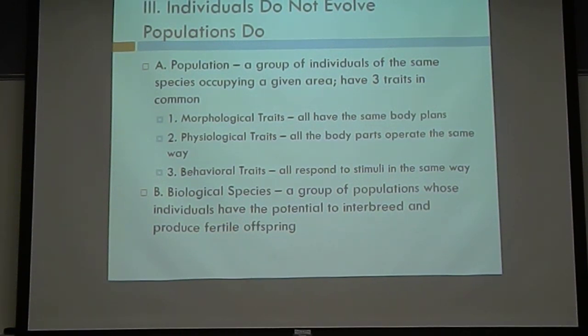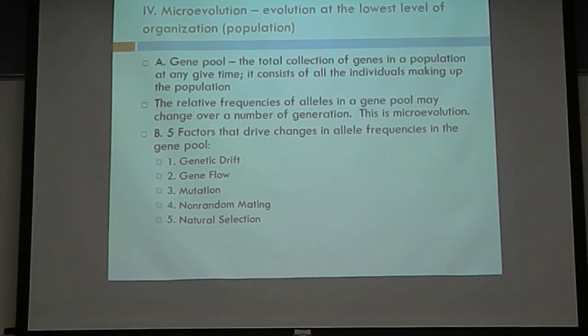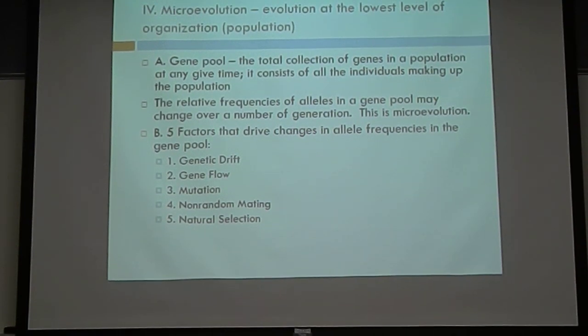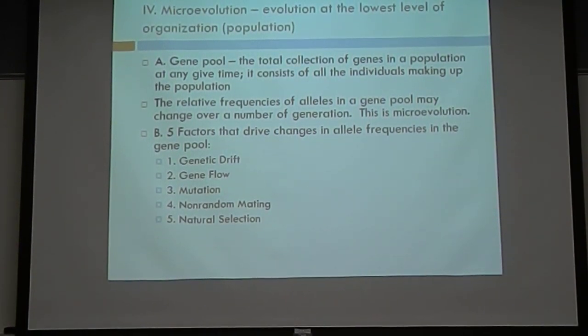So they're not sterile, they're fertile, so by definition, they're still the same species, even though they look different as far as size goes. The lowest level of evolution, at the population level, is called microevolution.